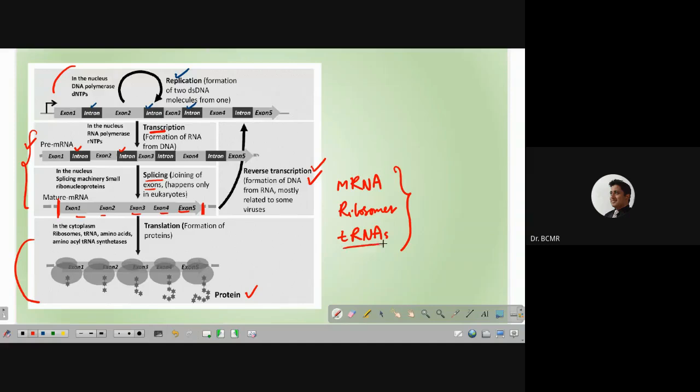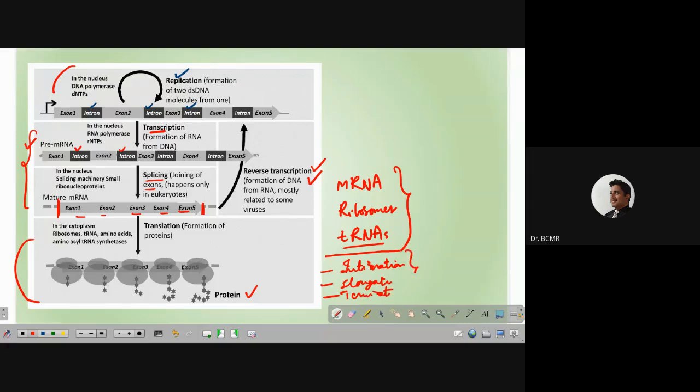If you have tRNAs, it's actually charging of tRNAs, so we'll have to study about tRNA synthetases and so on. And then we have the mechanism we need to study, which is simple: initiation, elongation, and termination.